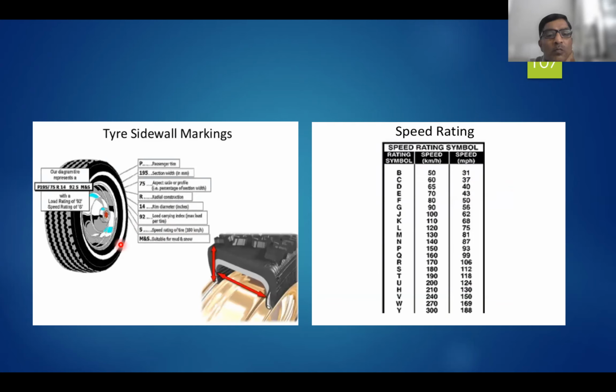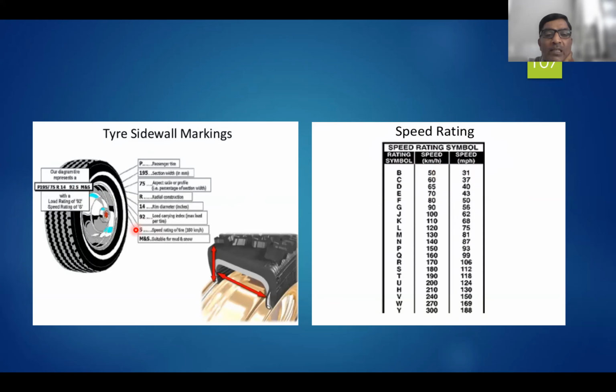Okay. So this S is the speed rating. Again, one table is shown with the speed rating symbol and speed in miles per hour. If instead of this S, B is written, then the speed will be 50 kilometers per hour. We are going to see only kilometers per hour.